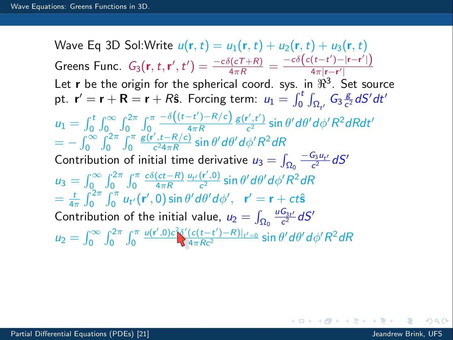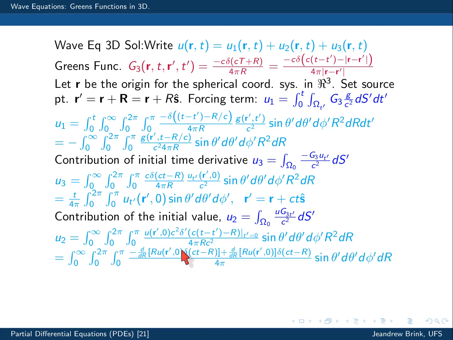I have my extra factor of minus c multiplying that one, so that's where the c squared comes in, and I'm going to evaluate it at t prime equals 0. So the c squares cancel. I've put t prime equals 0, and this prime derivative is equal to minus d/dr of the delta function.